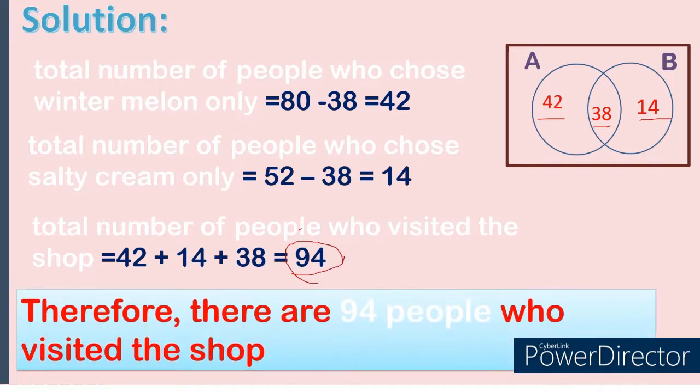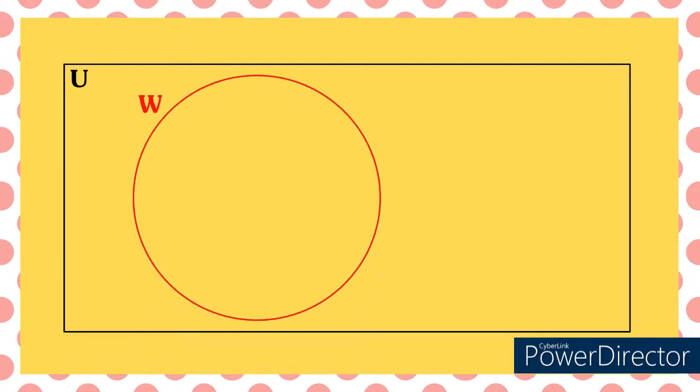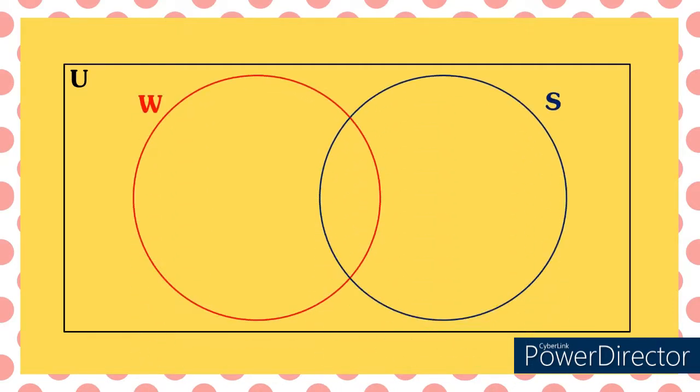So, therefore, there are 34 people who visited the shop. Okay? Next. So, these are the illustrations. So, we have the winter melon, the salty cream. This is 38 people bought winter melon and salty cream. And we have 42 for winter melon only, 14 for salty cream only.